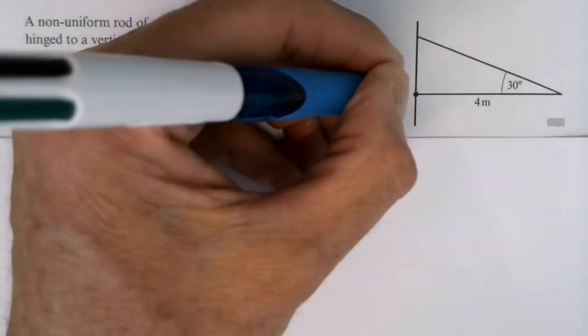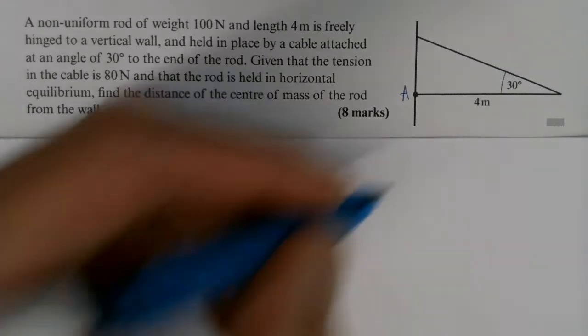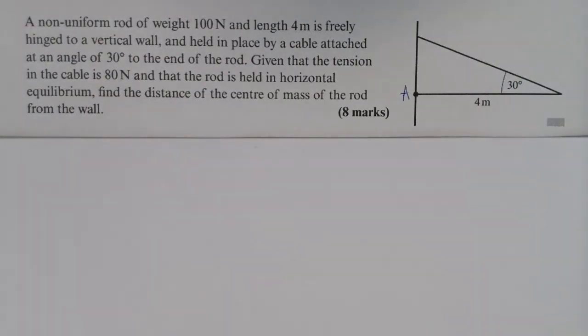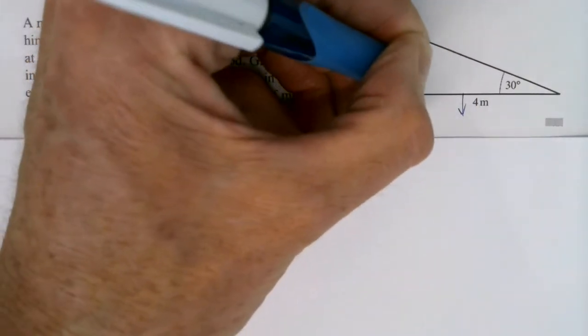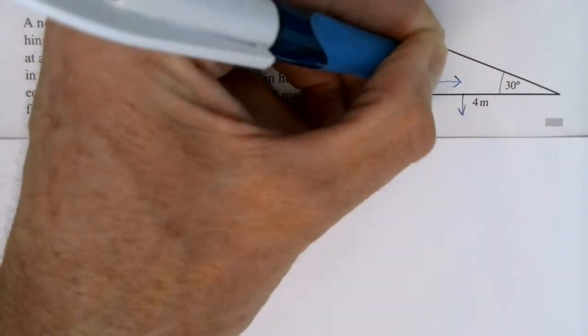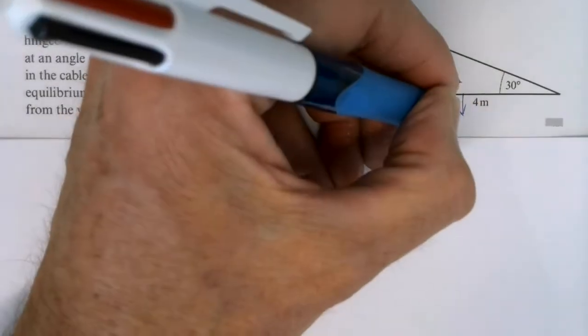So let's say I want to take moments about that point there. I've got the weight of the rod, but we don't know where it is. It's non-uniform. So let's call it X. And it's 100 newtons. So it's not 100 G, it's already a force.